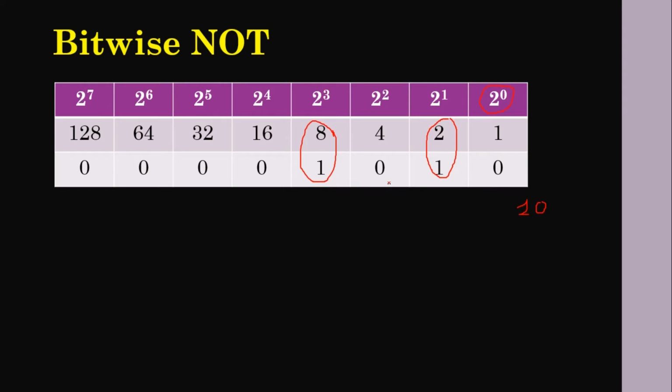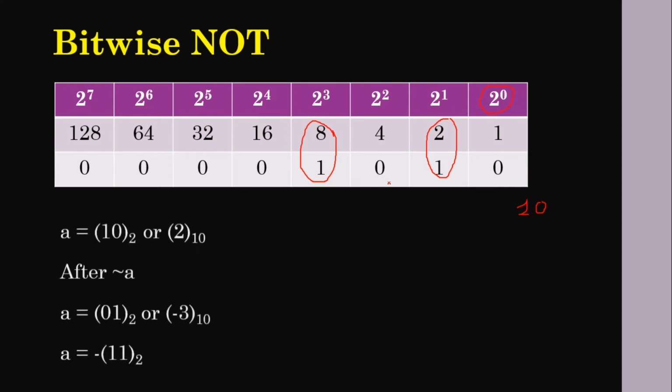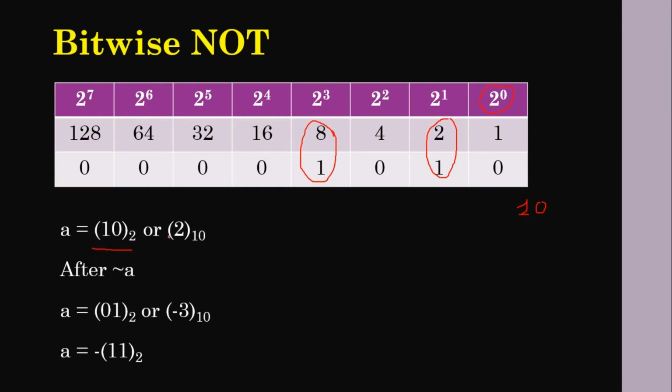Now let's talk about how the bitwise NOT operator works. Let's consider a is equal to 10 in binary. This is a 2-bit number, and if you read it in a decimal way, its value is 2. If you want to perform a bitwise NOT operation, you can use the tilde sign.